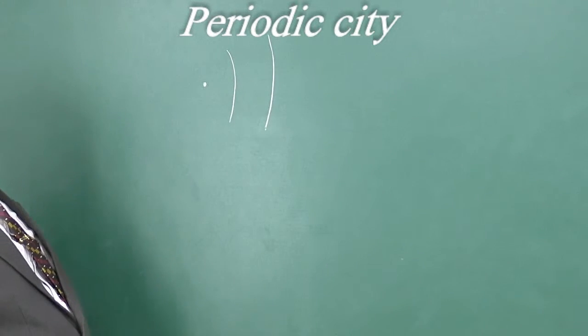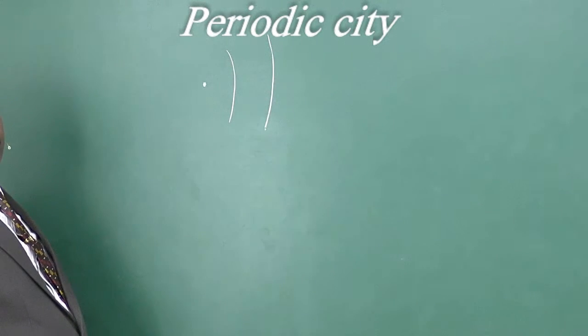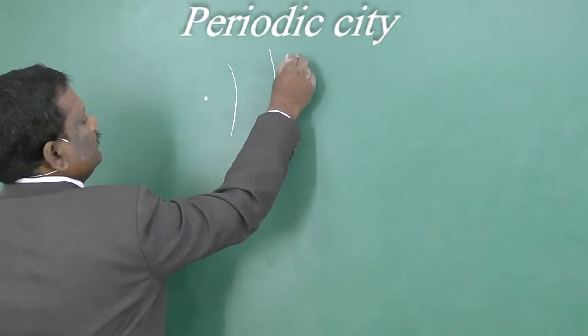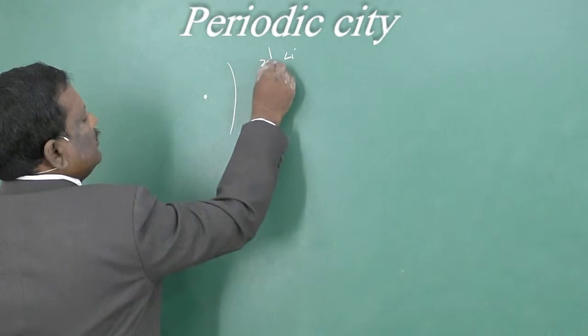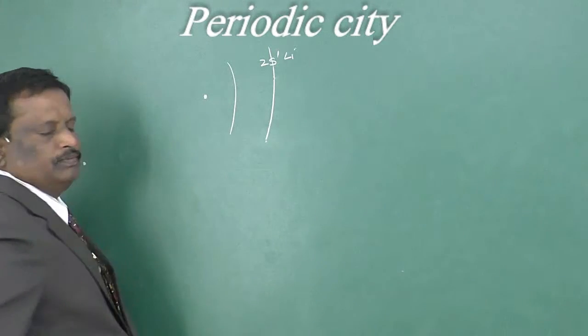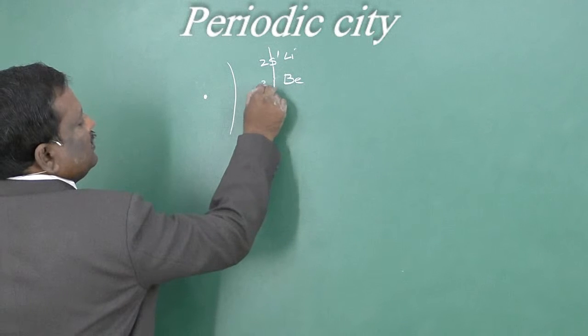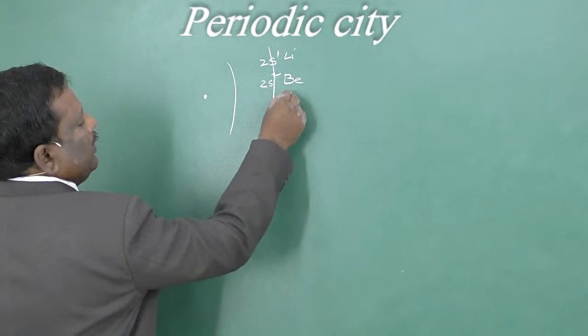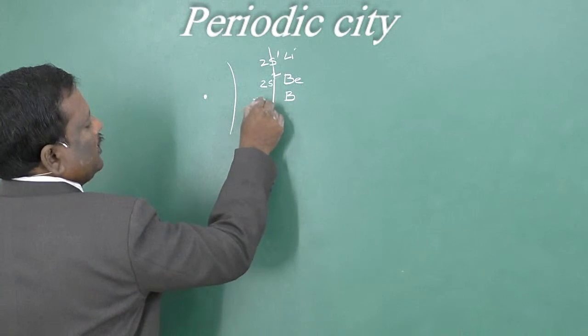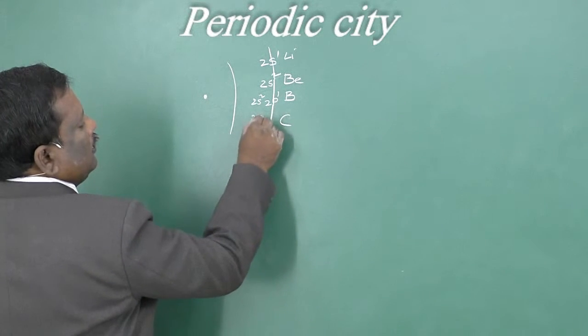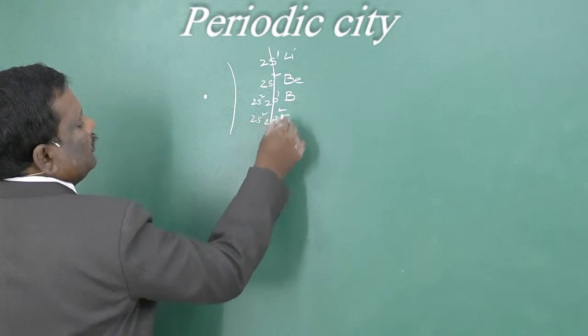So now we are considering second period elements. In second period, we have lithium, whose valence electron is 2s1. Then beryllium, whose valency is 2s2. Then boron, 2s2, 2p1. Carbon, 2s2, 2p2.